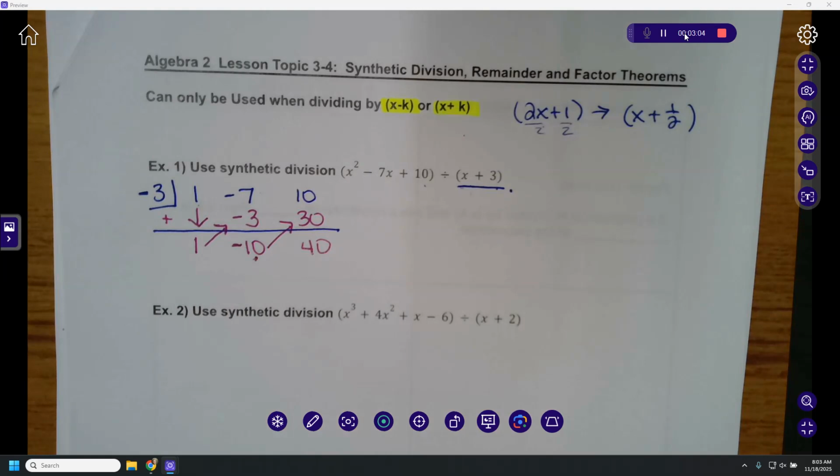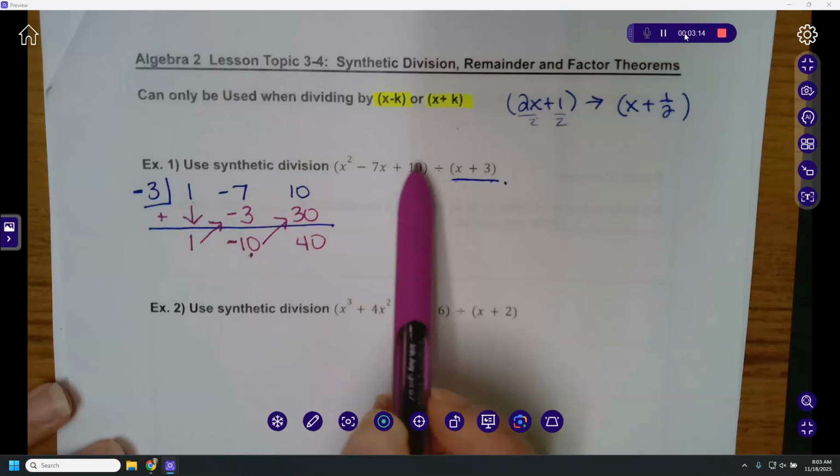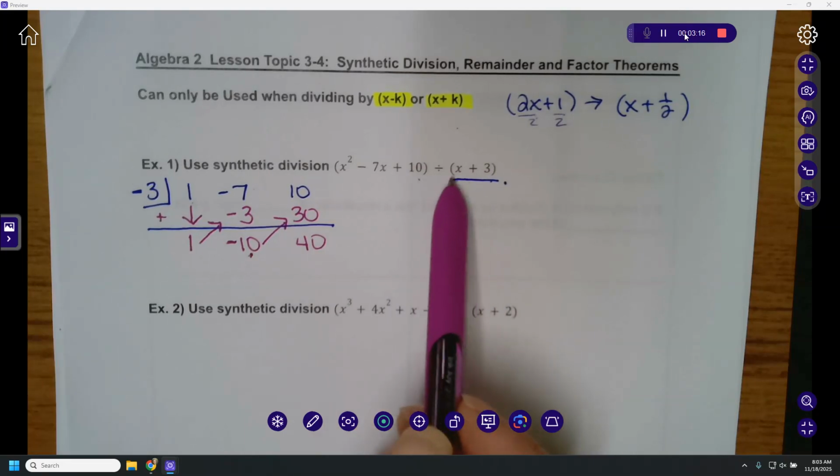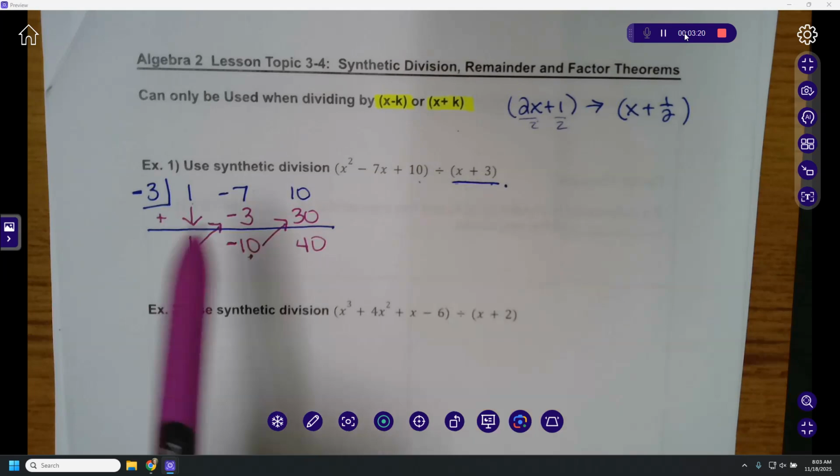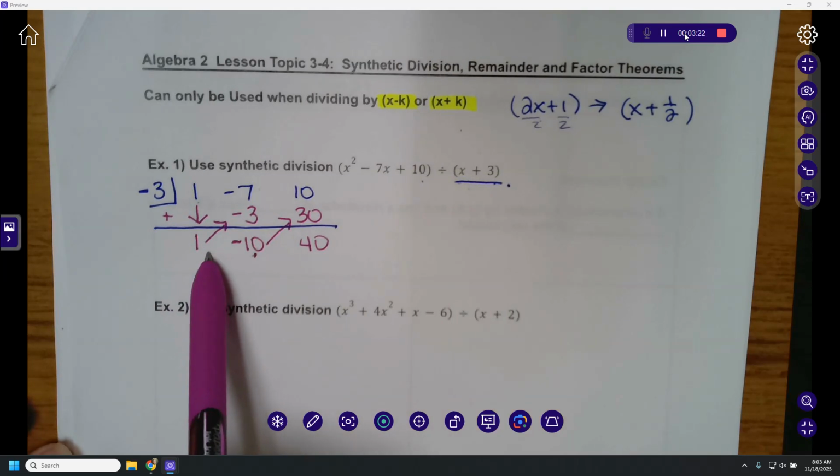But remember before how these were x's. So we have to go back and put the x's in. I took an x squared and divided by a factor of x, I mean, it was x plus 3. What's going to be this term right here then? Just an x.